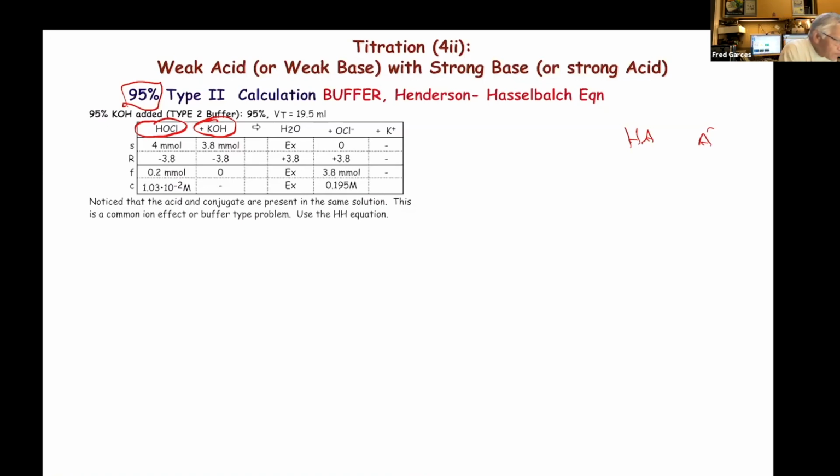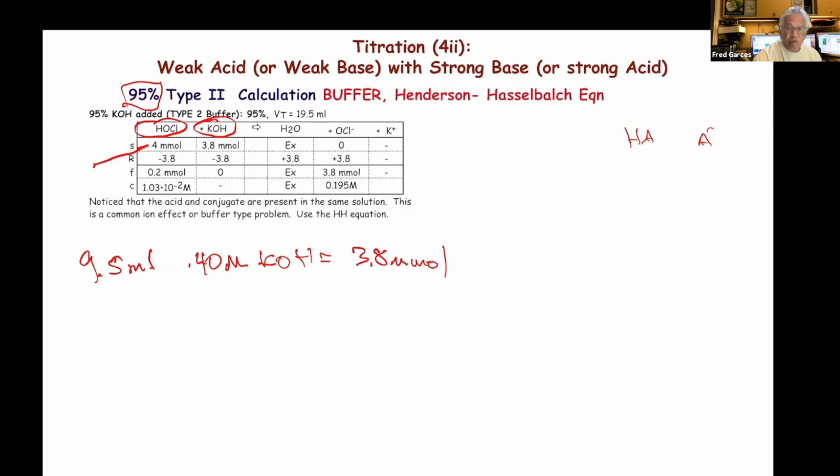So if you have 4 millimoles and you're adding 9.5 milliliters of 0.40 molar KOH, that comes out to 3.8 millimoles. Do the math, 3.8. It's your limiting reagent.